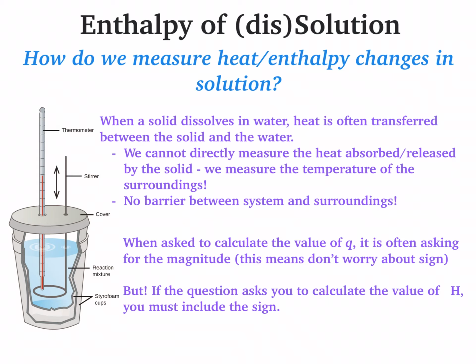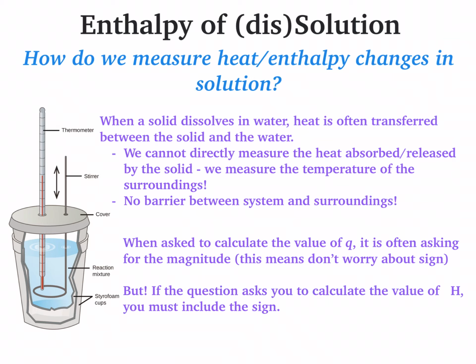Now, when we are measuring the temperature, we are not measuring the temperature of the solid. We're measuring the temperature of the water, and that's the solution, and that's part of the surroundings here. So with this sort of process, this is an interesting one because there is no barrier between system and surroundings.